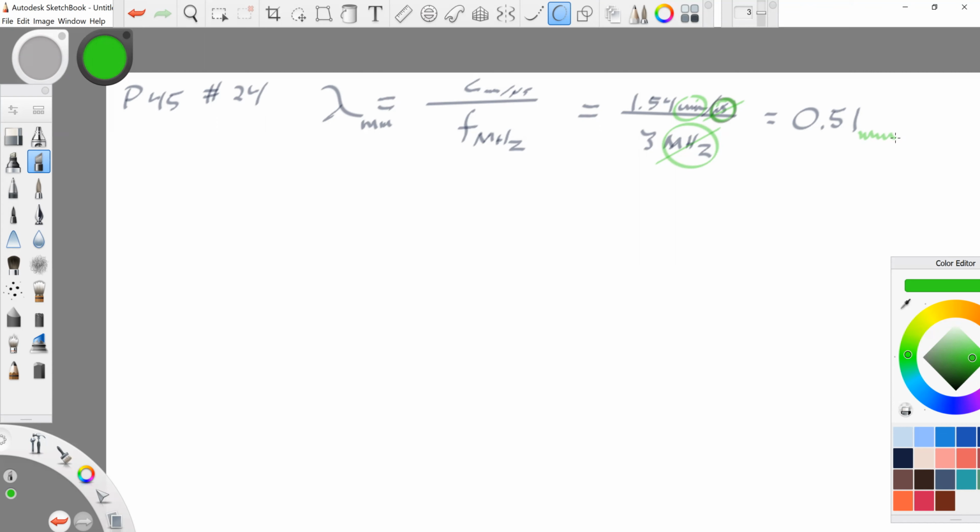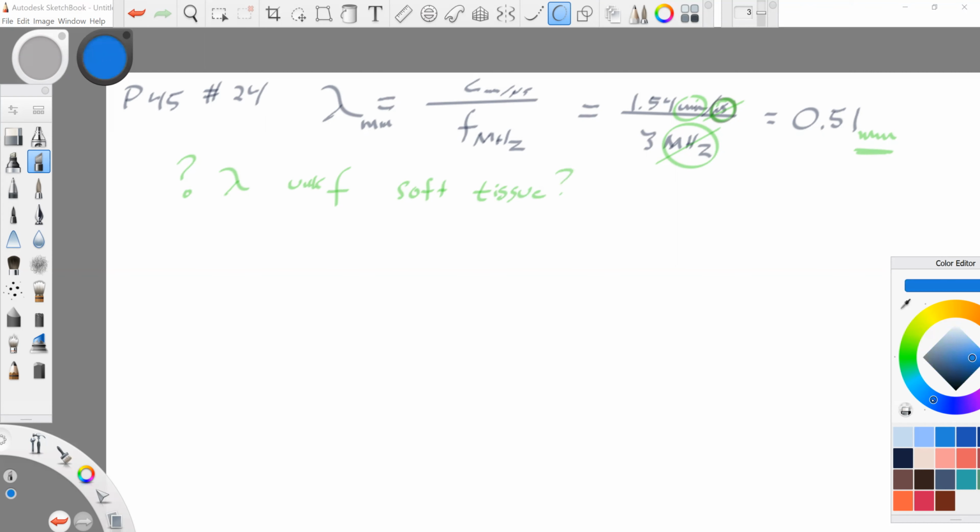If you're looking at the book, it's letter E, because once again, millimeters.